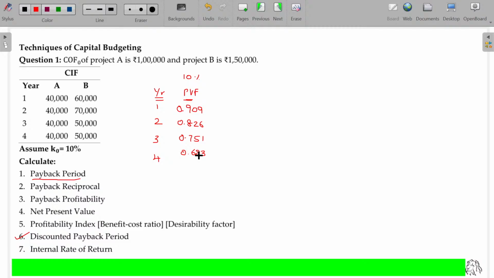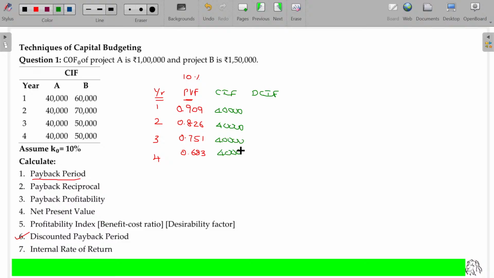Now for project A, cash inflow and discounted cash inflow. Okay, cash inflow for A being 40,000 each year.